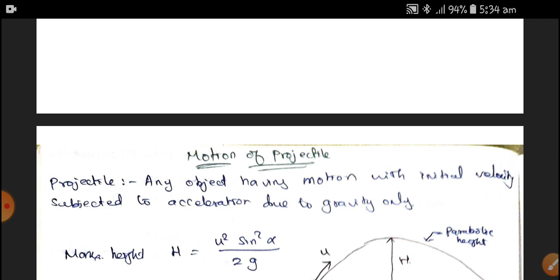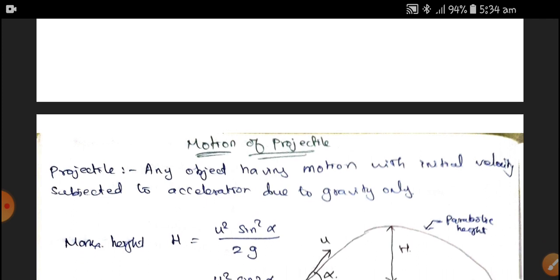In the projectile motion, the acceleration in the horizontal direction is zero, whereas in the vertical direction there is both acceleration as well as deceleration.